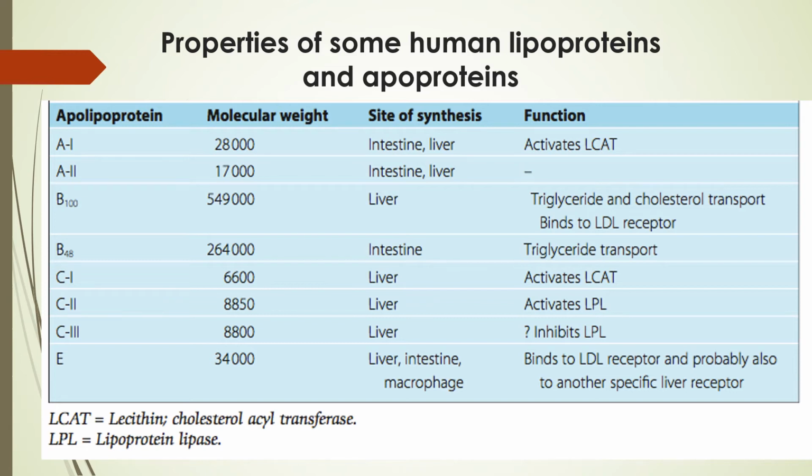For the apoprotein and their distribution and characteristics in lipoproteins, as we can see from the table shown, we have the apoprotein A1 and C2, which are activators of lipoprotein lipase, responsible for metabolism of chylomicrons to reduce their size.